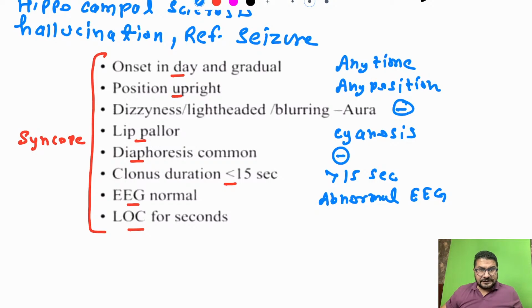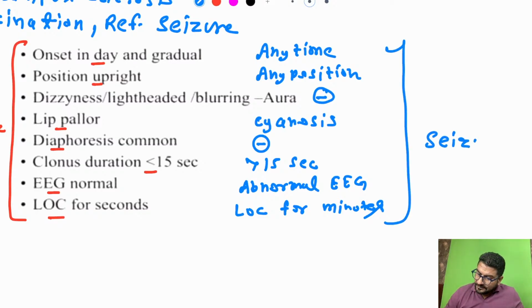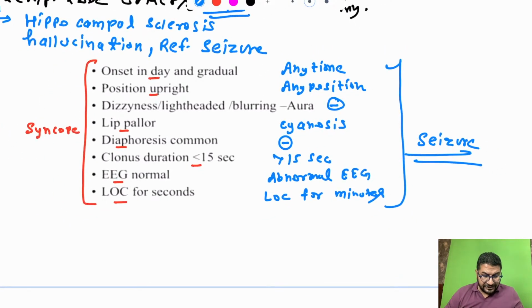And loss of consciousness here will not be in seconds, here it will be minutes. It may be 2 minutes, 5 minutes, sometimes 1 hour he will become unconscious. So this is what we call seizure. Remember, this is how we can differentiate seizure from syncope, right?